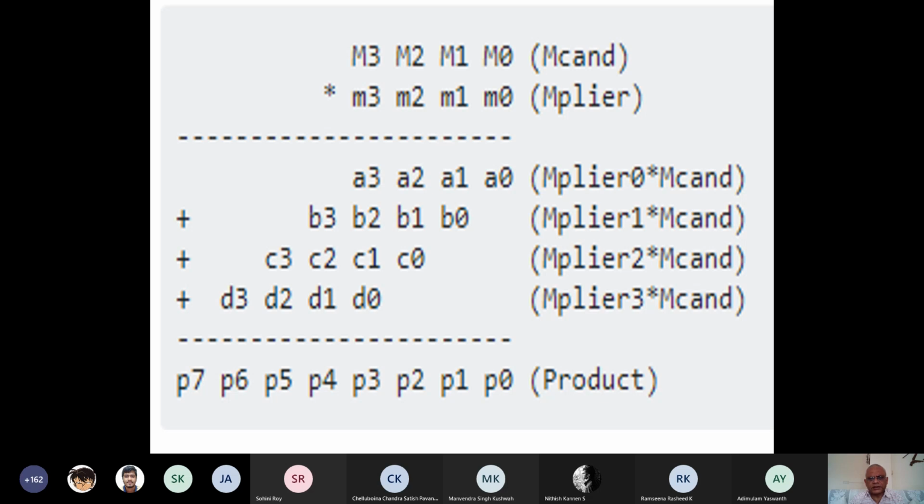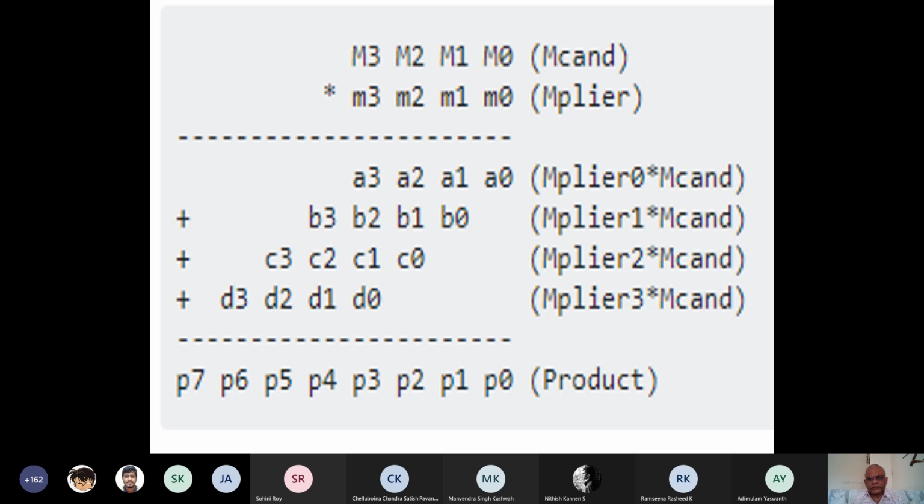That means this is the least significant bit of the multiplicand M0 times m0. If m0 is 0, then this row is zeros and A0 will be 0. And if m0 is 1, then A0 is equal to capital M0.